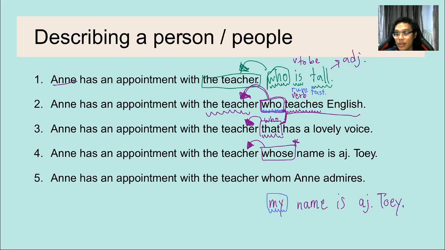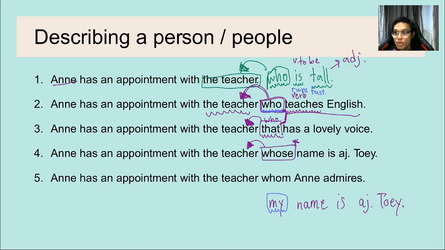So mine, what do we call it? We call it a possessive pronoun. Possessive pronoun ก็คือการแสดงความเป็นเจ้าของอย่างเช่น my car, my key, my computers, my iPad, my iPhone, my mouse, my whatever it is.